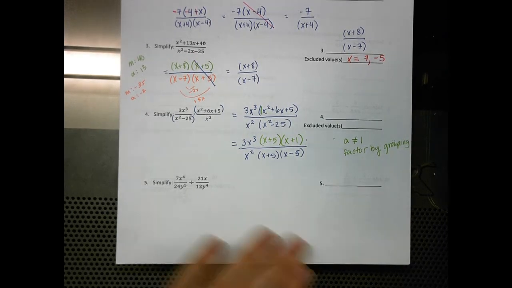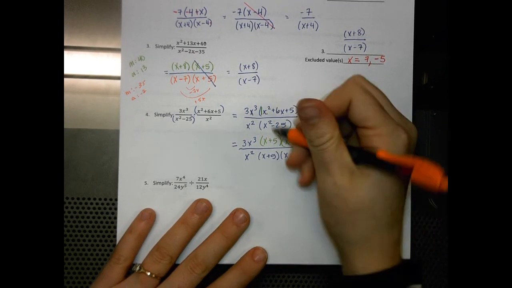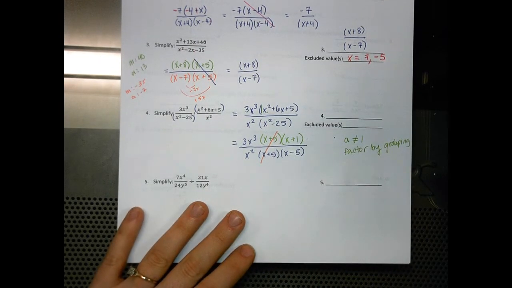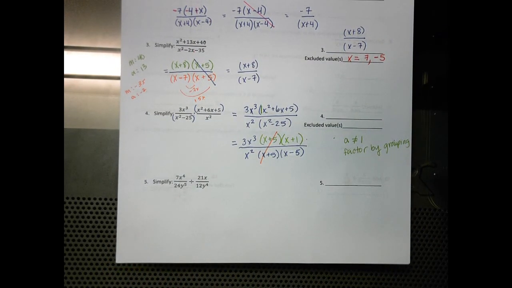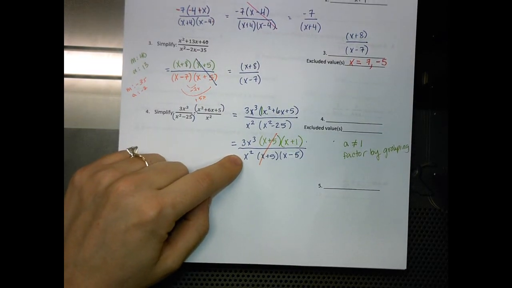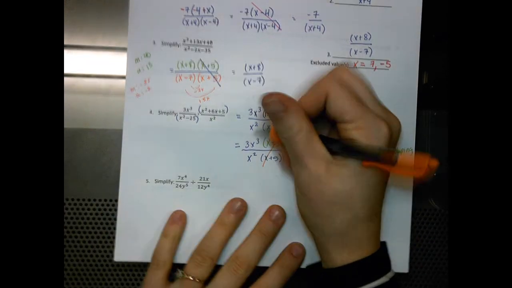All right, so x plus 5 over x plus 5 equals 1. So those reduce. Does anything else reduce? The x's. So x cubed over x squared equals x.